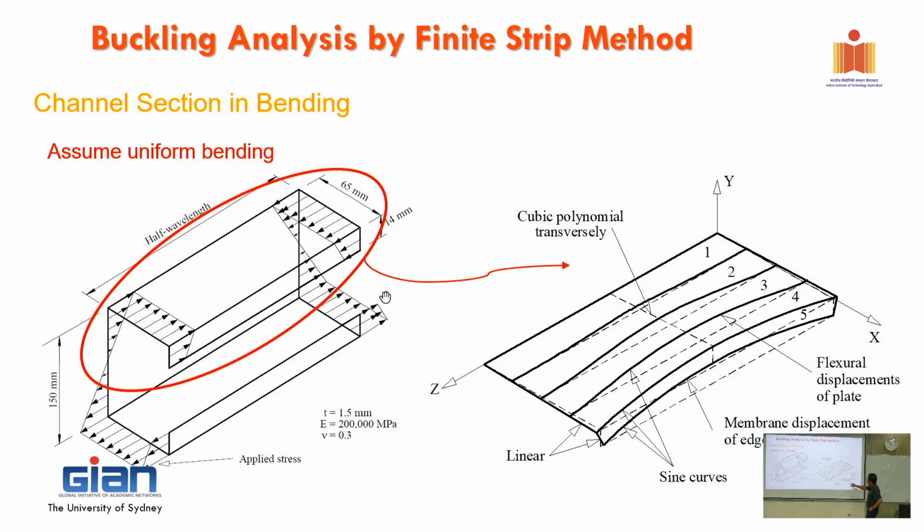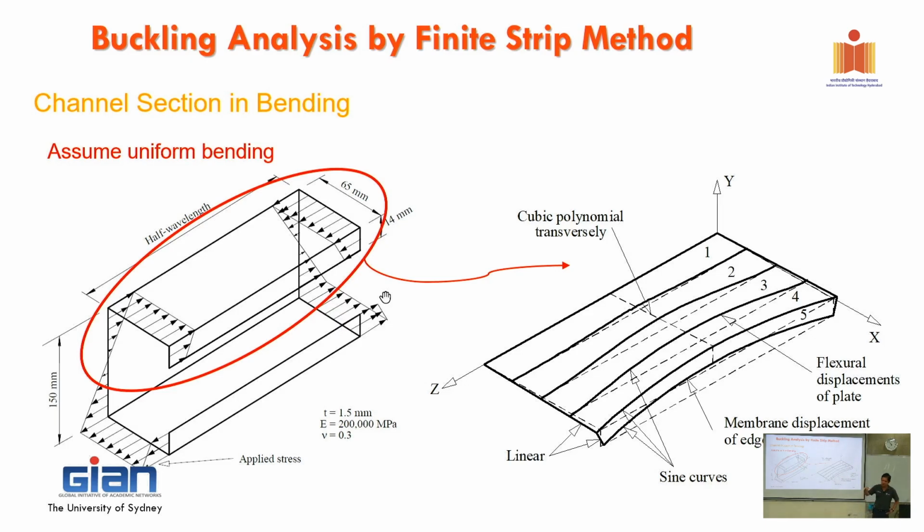So in general, with finite strip, we cut the channel section into a series of strips. And what we do here, we apply the stress. You can see that is the normal stress, and it's in bending, so that's why the top is in compression and the bottom is in tension. With finite strip methods, we're using semi-analytical finite strip, where we're looking at one half-wave length.